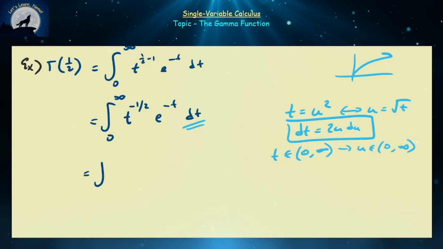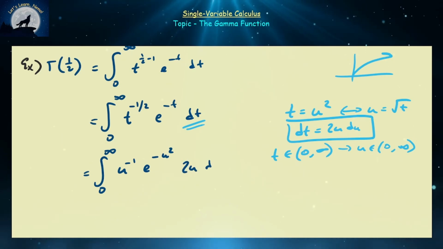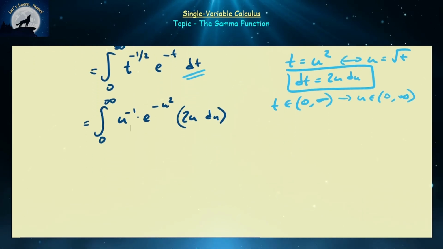So what we're going to have is the integral from 0 to infinity, and that's in terms of u now. And then we're going to have u to the power of minus 1 because our square and our square root cancel. And then we're going to have e to the power of minus u squared, and dt is now 2u times du. So this is what our integral has turned into. We have a constant of 2 that can factor out, so let's go ahead and do that so we don't lose it.